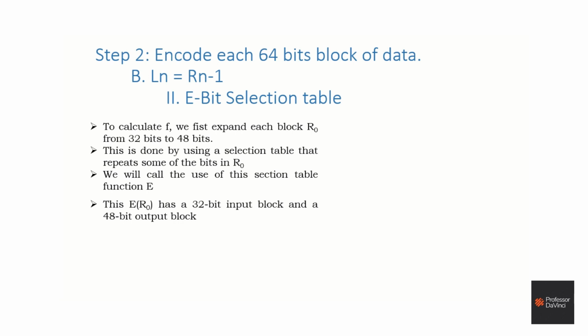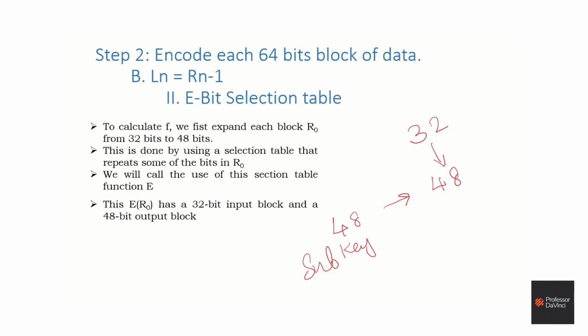We will call the use of this selection table E. This E of R0 has a 32-bit input block and a 48-bit output block. So we need to expand the 32-bit to 48-bit, because with this 48-bit message we need to perform the operation with the 48-bit subkeys.